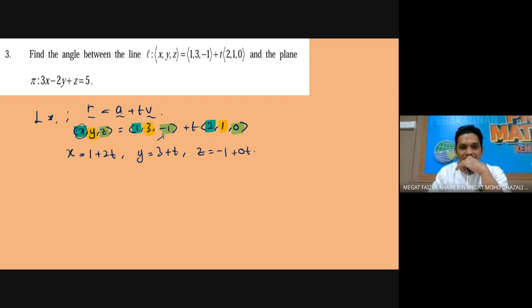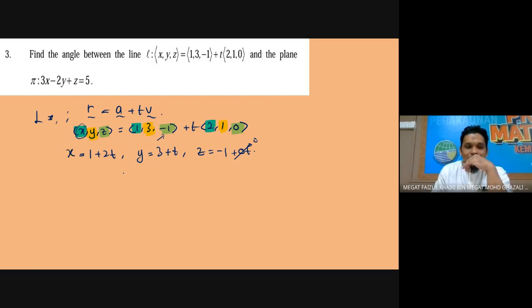Something like that. This one is automatically 0 here. So, the angle between the line and the plane. Okay, the question wants us to find the angle, not the intersection point.